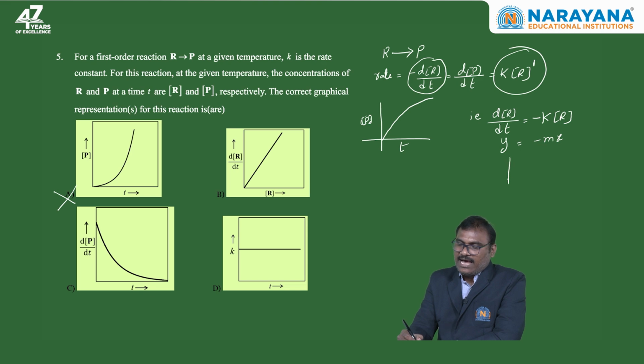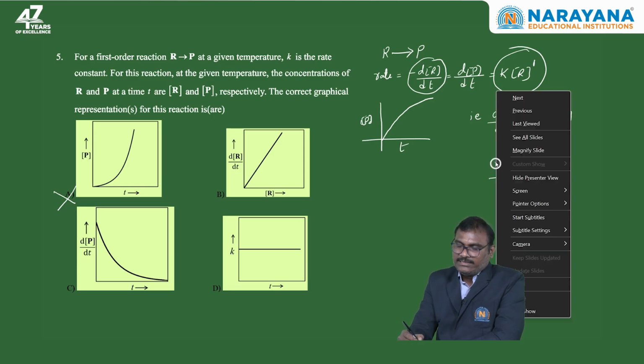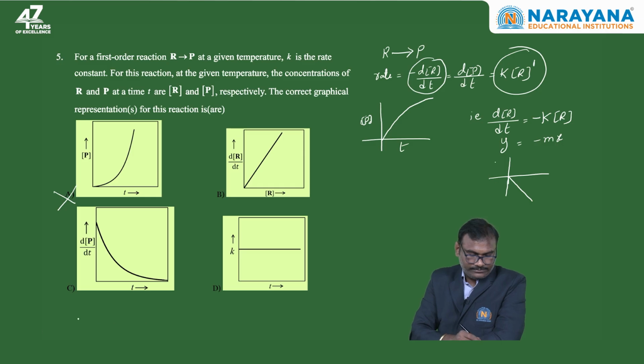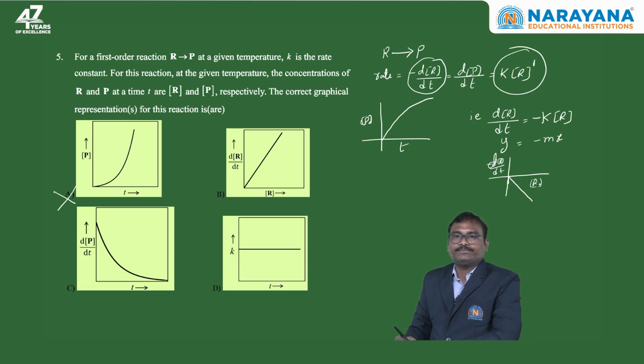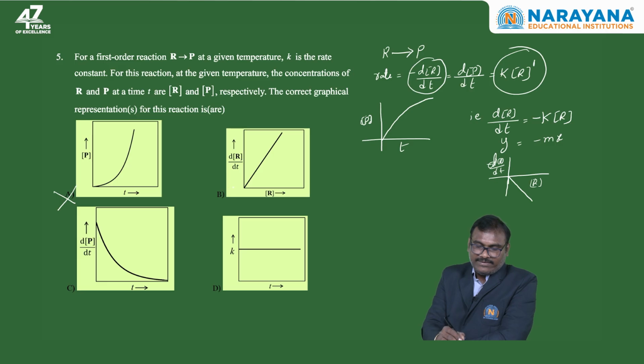Then the graph should be y equal to mx, that is passing through the origin. dR/dt versus reactant concentration is passing through the origin with a negative slope. Therefore, this given option B is also incorrect.